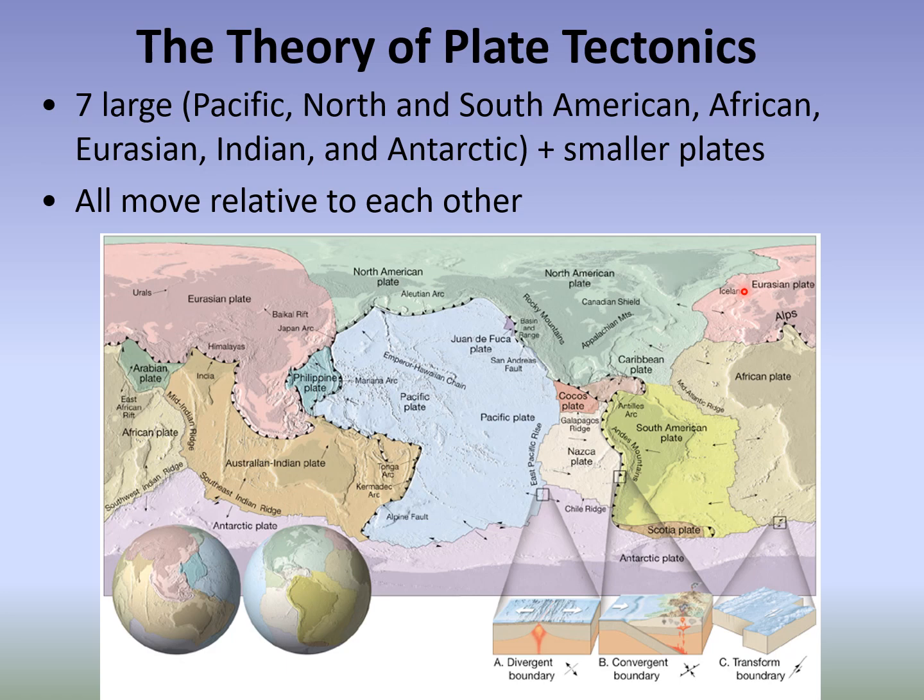So the theory of plate tectonics is that there are basically 7 large plates: the Pacific, North and South American plates, the African plate, the Eurasian plate, the Indian plate, and the Antarctic. And those are these larger ones that you see here: South American, North American, Eurasian, Australian, African. And then you have lots of smaller plates.